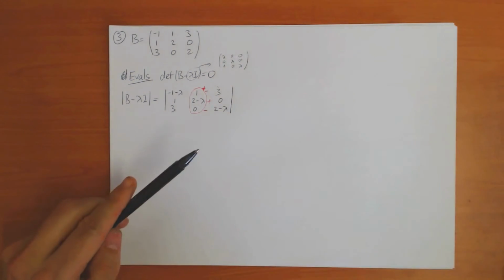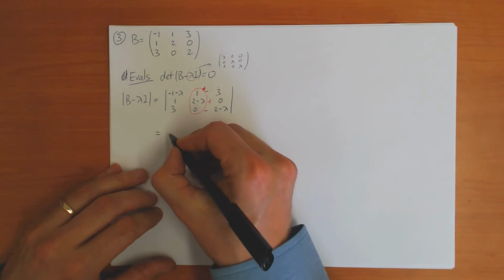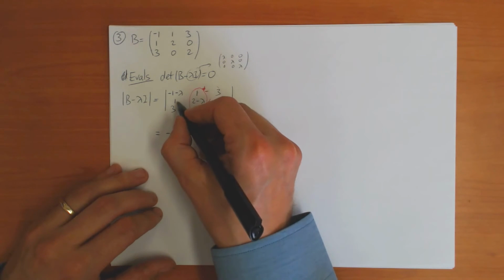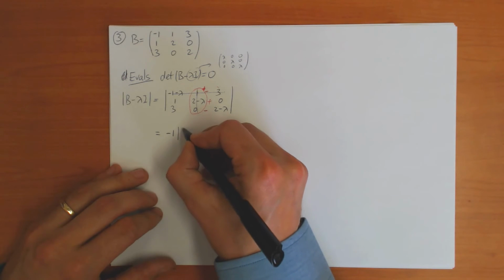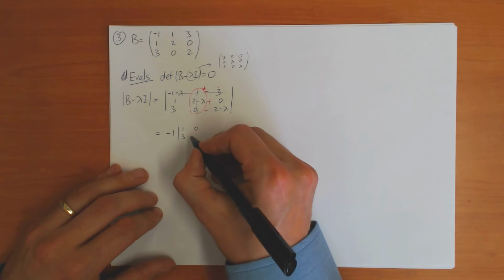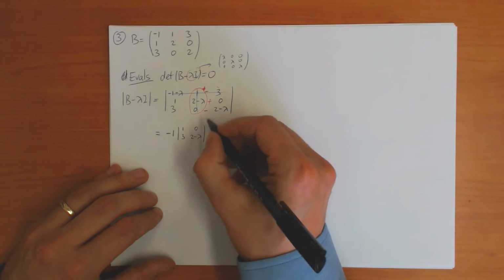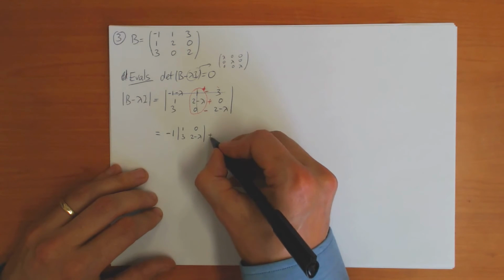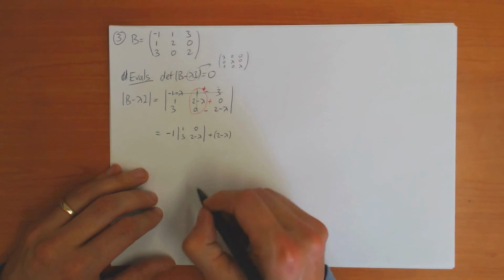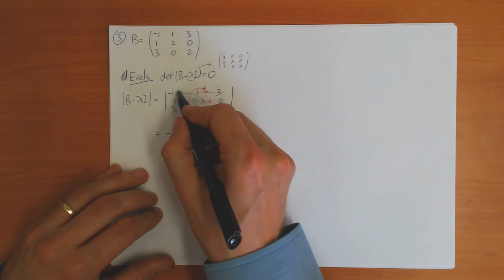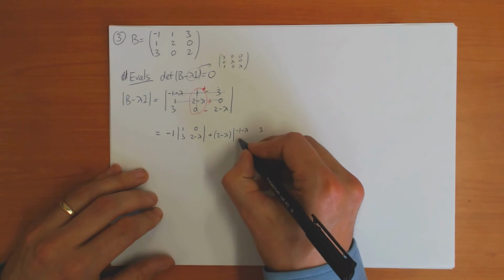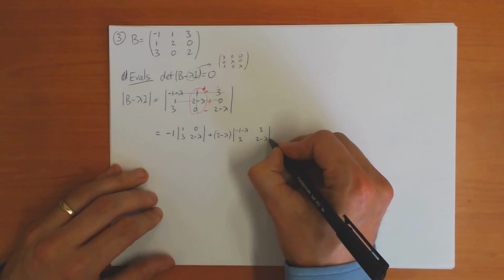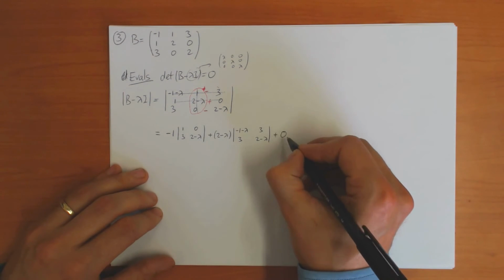So the determinant of this is going to be equal to minus 1 times this, that's 1, 3, 0, 2 minus lambda, and I get plus this times this matrix. Okay, and the last one is 0, so that's good.